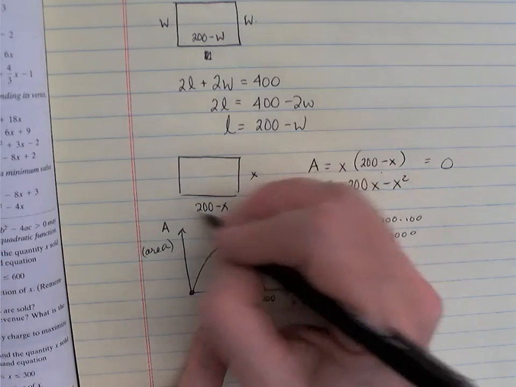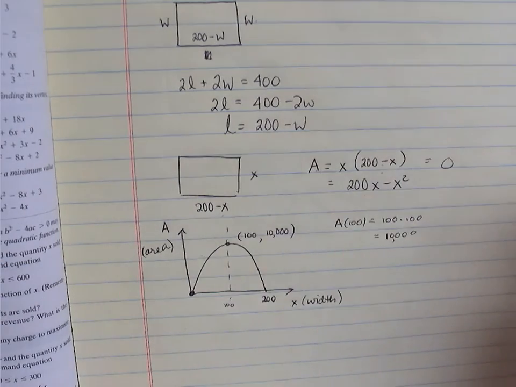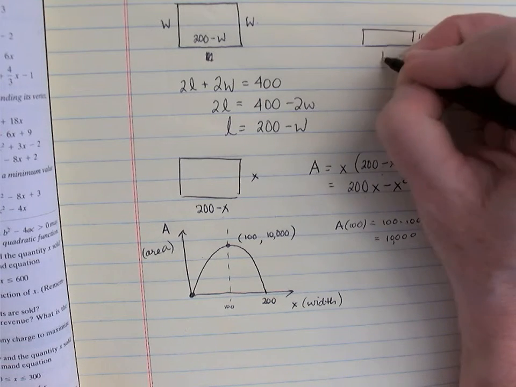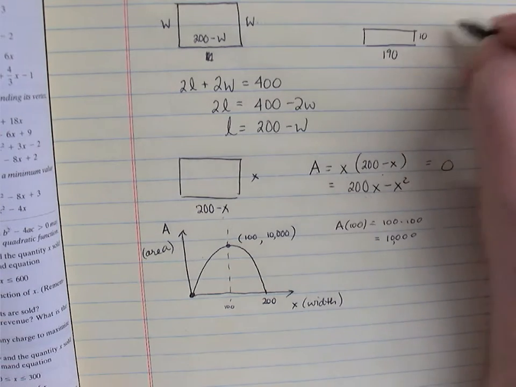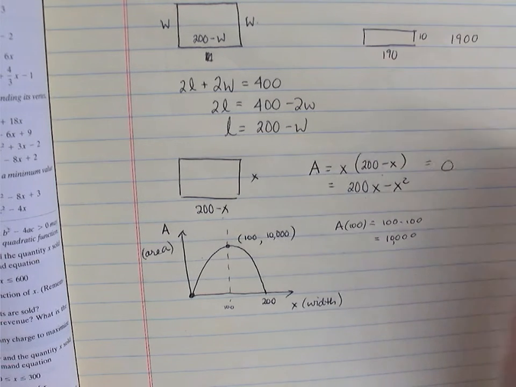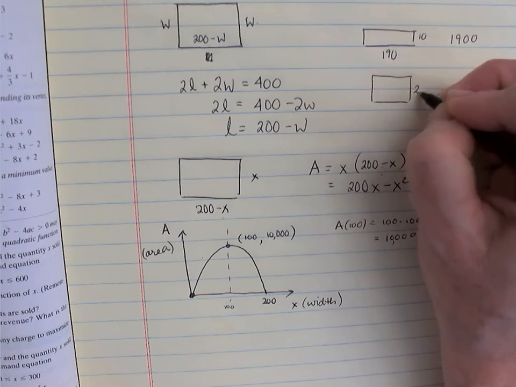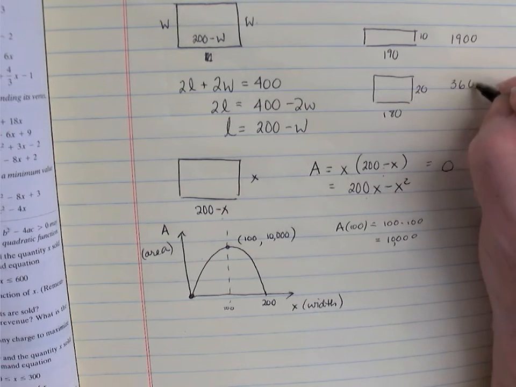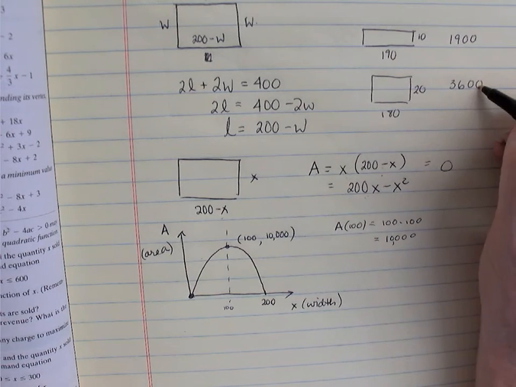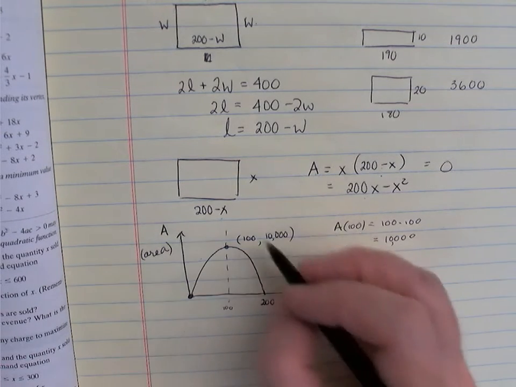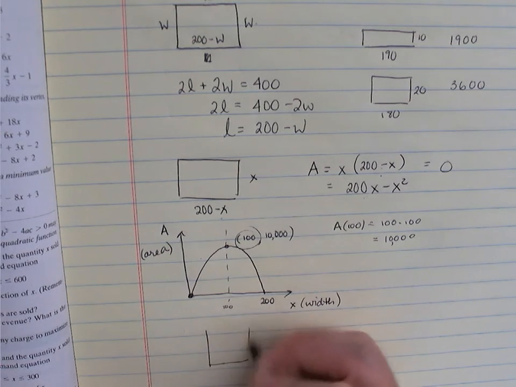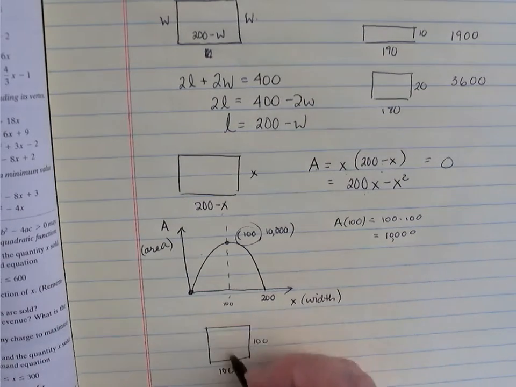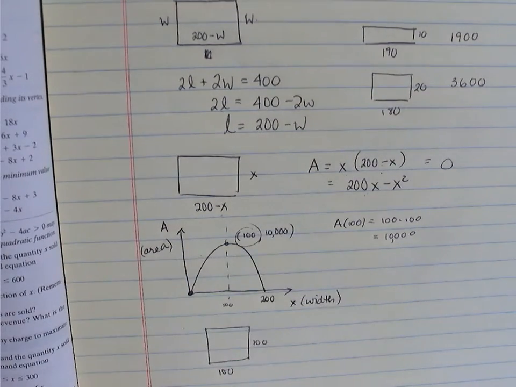For all his imaginings of how he can arrange this fence, I mean, 400 yards, we could have something like 10 by 190, which is going to give us an area of 1,900, or he could have 20 by 180, which would give us an area of 2 times 18 is 36, so 3,600, so that's a little bit better. But what we know is that he's going to have a maximum area when the width is 100, which in fact would make the length 100, which in fact would make the area 10,000.